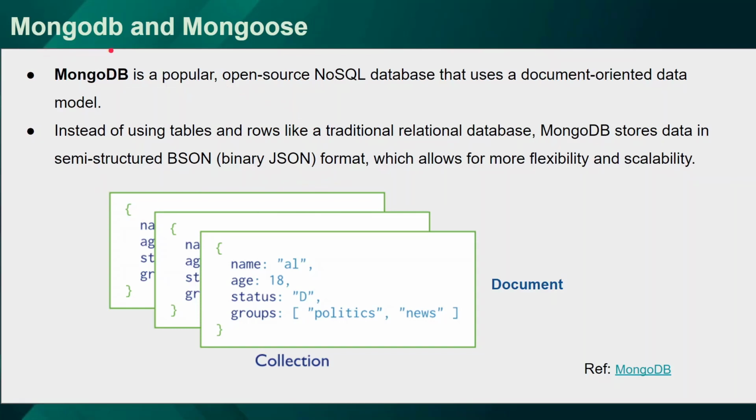So basically MongoDB is a very popular, open source NoSQL database. It is NoSQL, which means there is no relationship between the data that you are going to store. We can make relationships in NoSQL as well, but it will be very complicated, and it doesn't satisfy the business process of using this database, right?